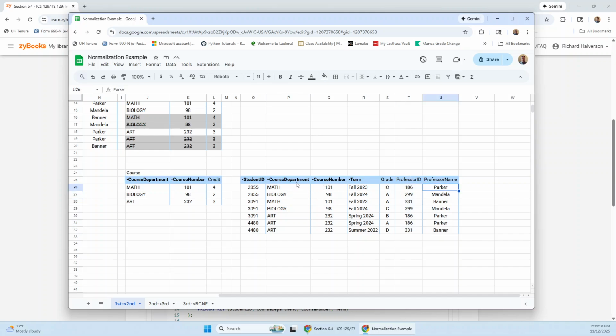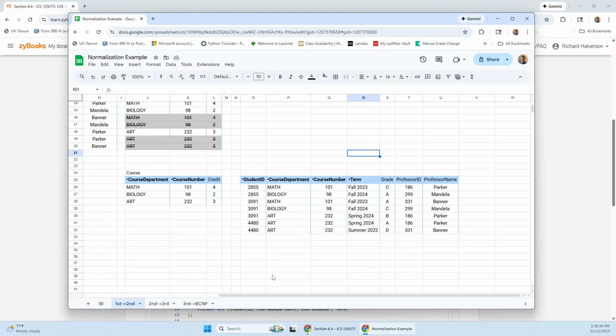Professor Parker teaches Math 101, and Professor Banner also teaches Math 101. Different terms could mean a different professor, different students, and so on. So this column depends on all four, as does this one.